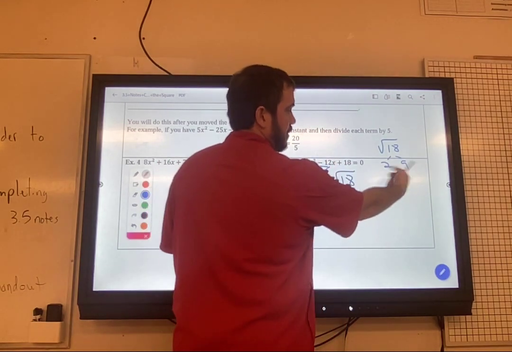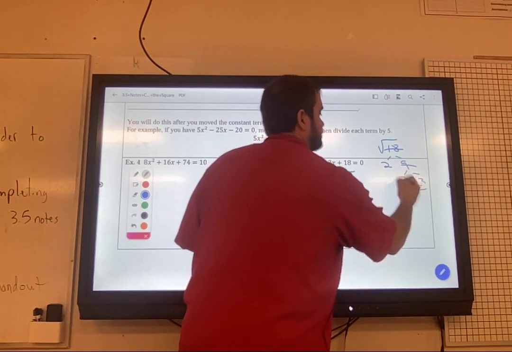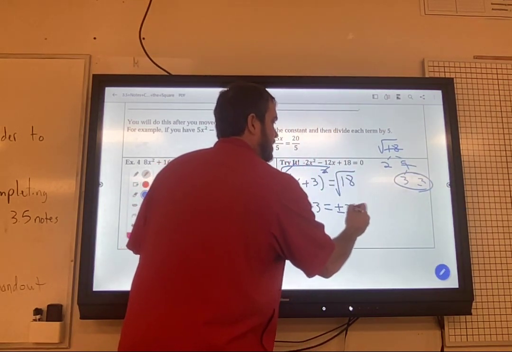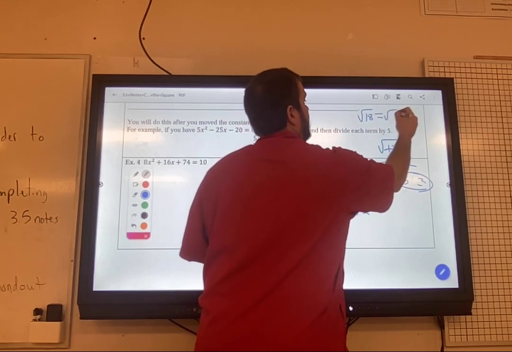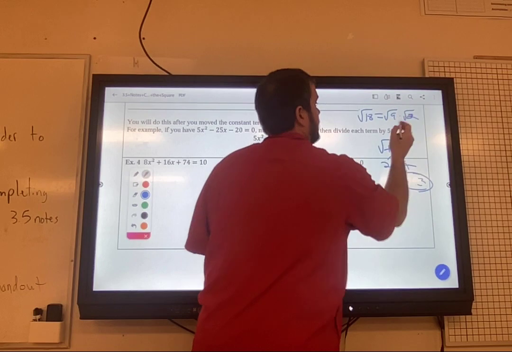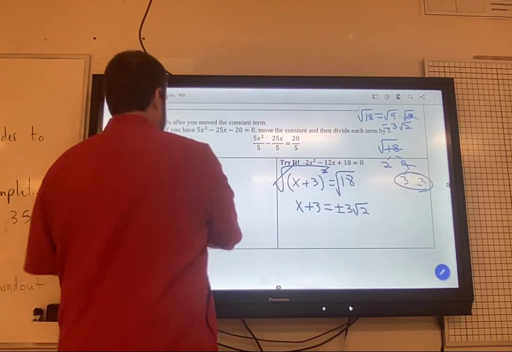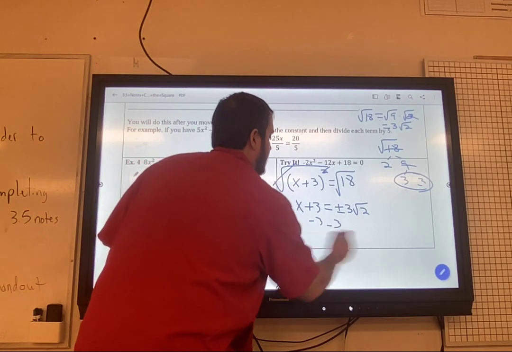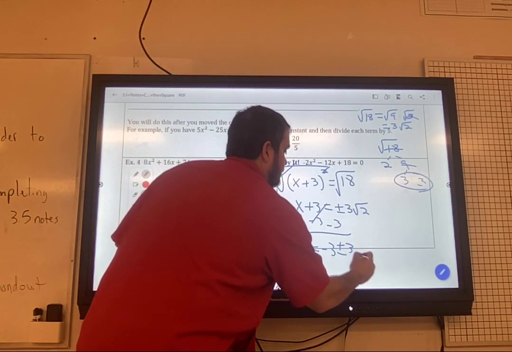Or you could break it up as 2 and 9. 3 and 3. That simplifies to be 3 root 2. If you didn't do the tree, you would have done square root of 9 times 2. That would be 3 root 2. And then last step, minus 3. Final answer, x equals -3 plus or minus 3 root 2.